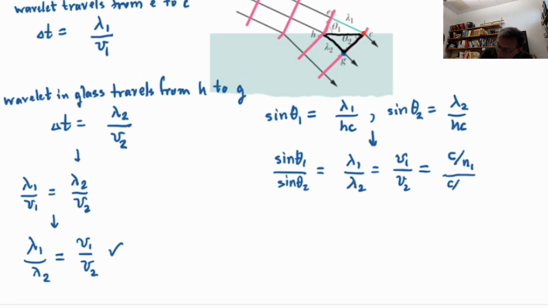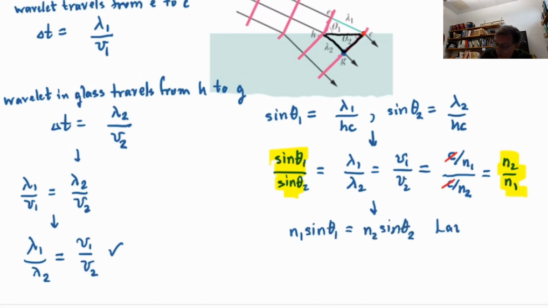Likewise, v2 is c over n2. The c's cancel, and that is equivalent to n2 divided by n1. Now, equate that ratio to that ratio and cross multiply, and you get n1 sine theta 1 equals n2 sine theta 2. The law of refraction, proved from Huygens principle and geometry. But now you've seen a proof of it.